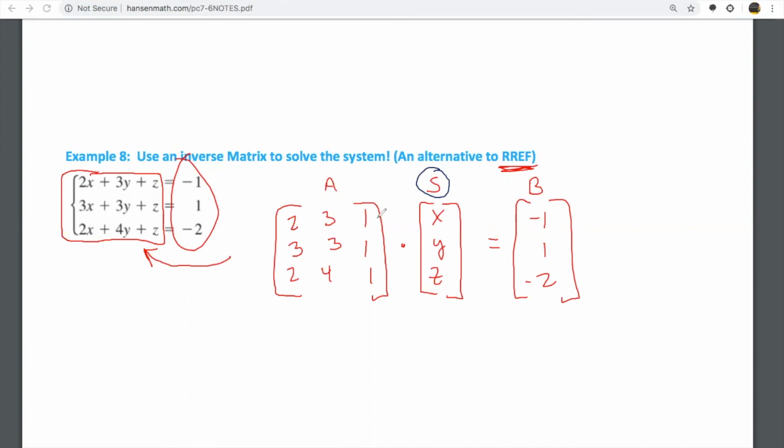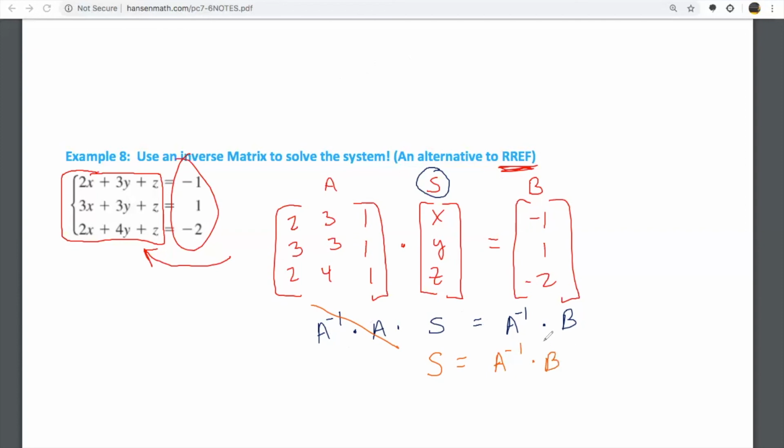If we take the inverse of A and multiply that to both sides, symbolically that would look like the inverse of A times this solution matrix equals the inverse of A, because whatever you multiply on one side, you have to do to the other, times B. So what happens next is the inverse times the matrix A cancels to 1. So you have the solution matrix is equal to A inverse times B.